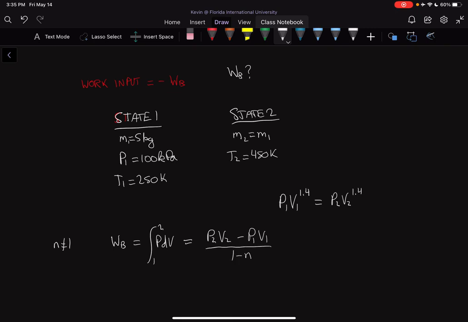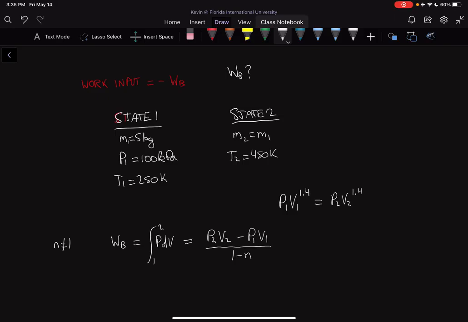Now, there are two ways we can solve this: the long way or the short way. Let's look at the short way first.